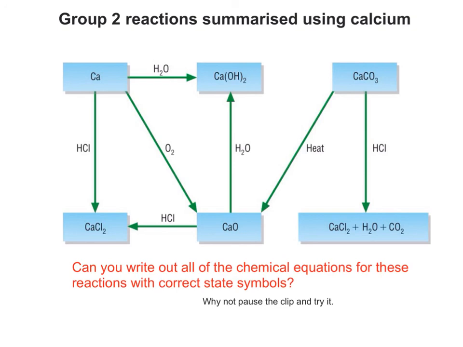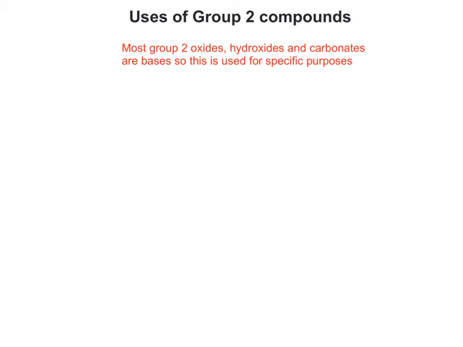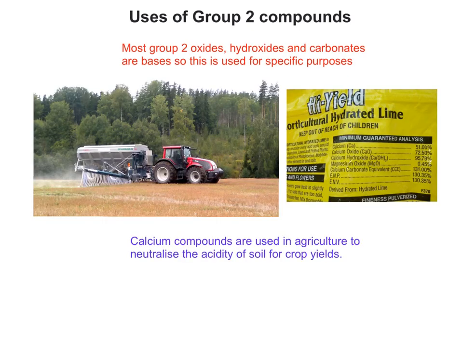So I'm going to finalise the group 2 survey we've been doing with some uses of group 2 compounds. So most group 2 oxides, hydroxides and carbonates are bases, so this is used for specific purposes. So calcium compounds, for example, are used in agriculture to neutralise the acidity of soil for crop yields.